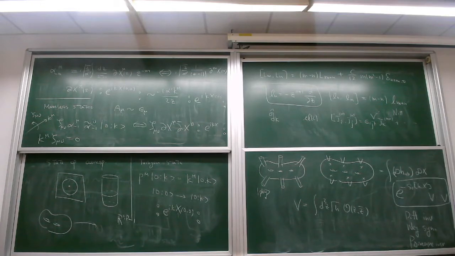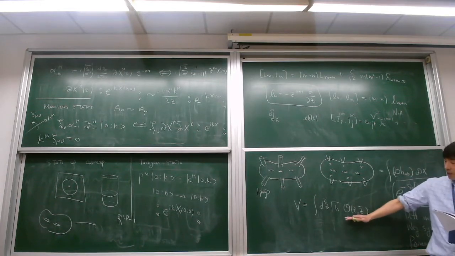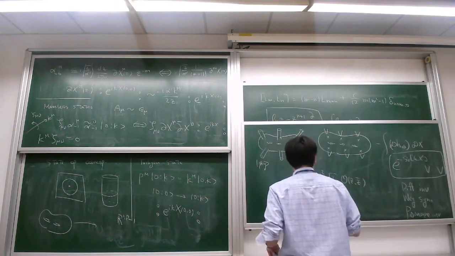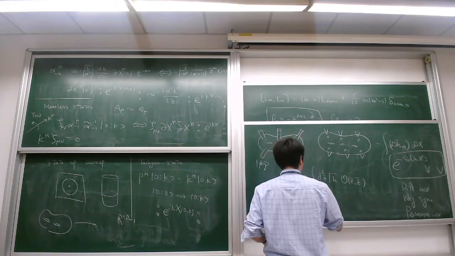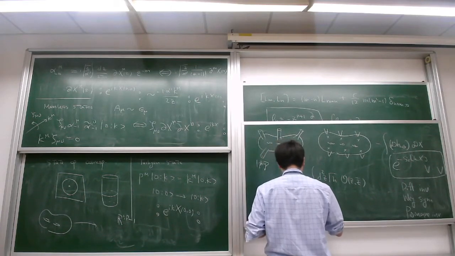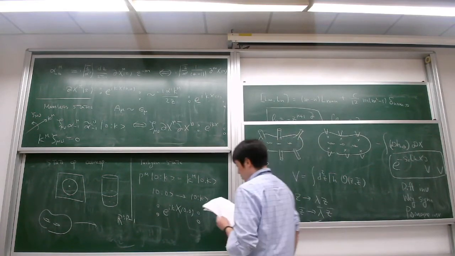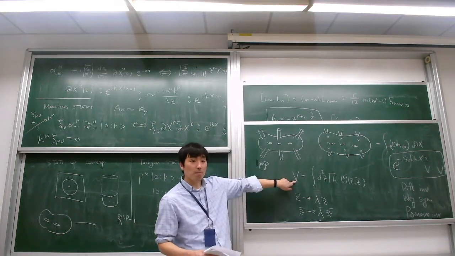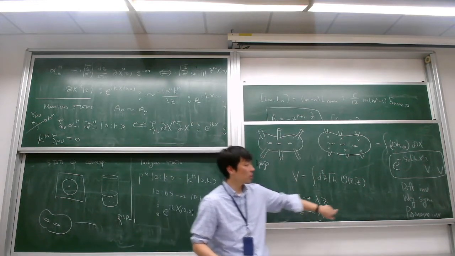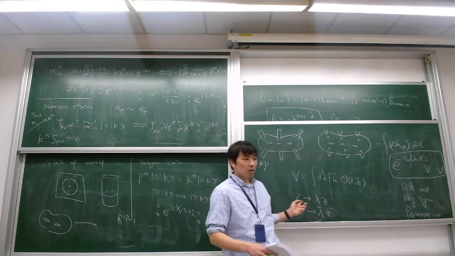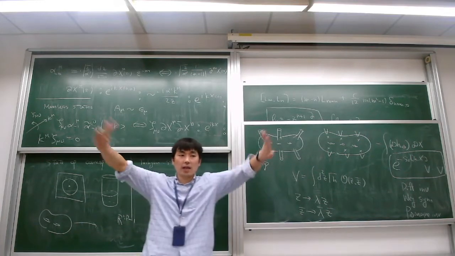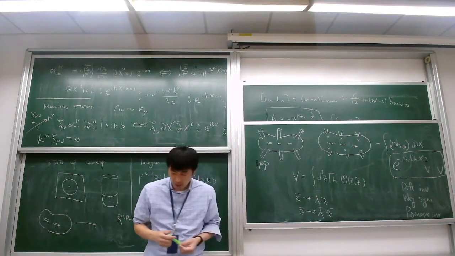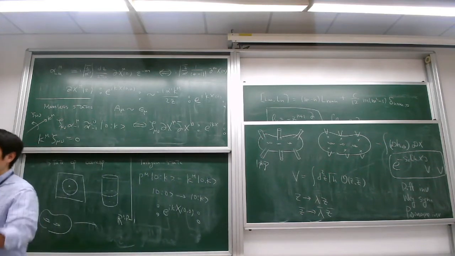In particular, to enjoy the Weyl symmetry, it has to be constant under scaling. So z goes to lambda z, this is a scaling transformation. Under this scaling transformation, the amplitude has to be invariant under the Weyl scaling. Because scaling of the coordinate can be realized by using the scaling of the metric.